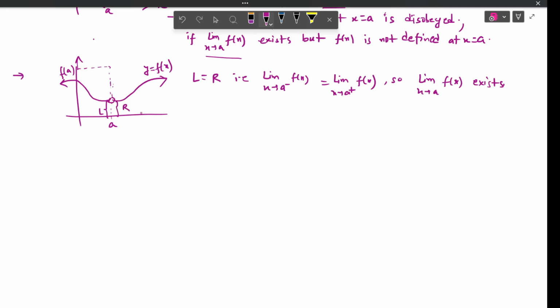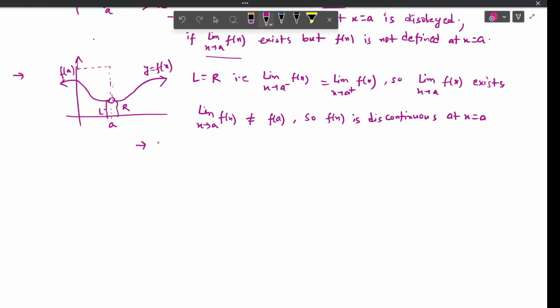So it is obvious that the limiting value of f(x) as x tends to a is not equal to the value of the function at that point, right? So f(x) is discontinuous at x equals a.